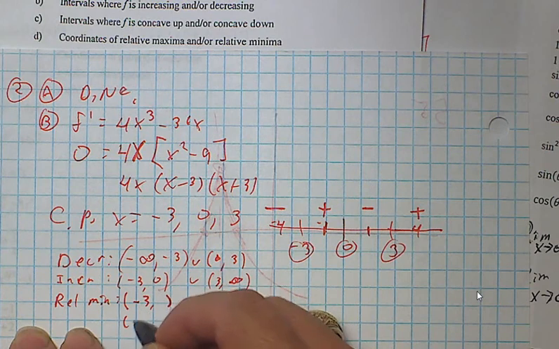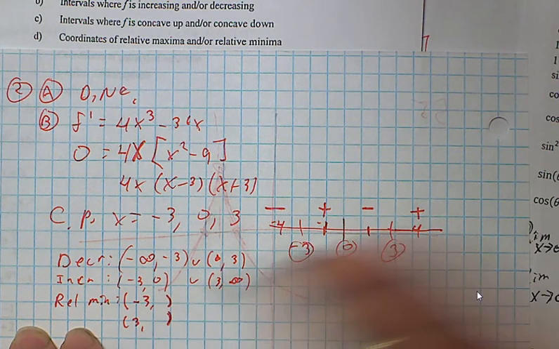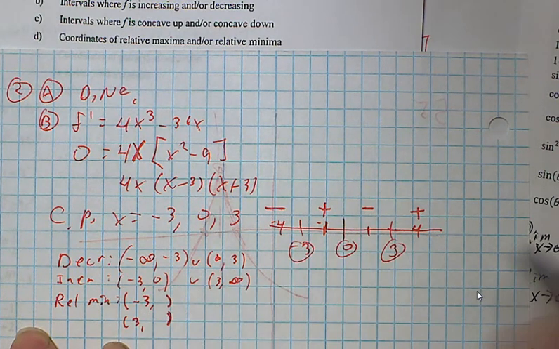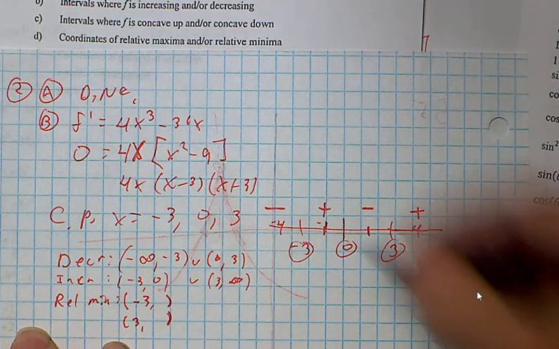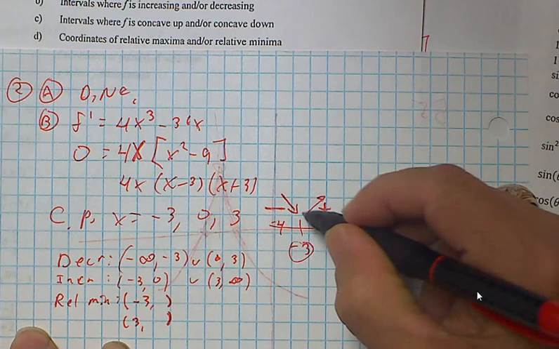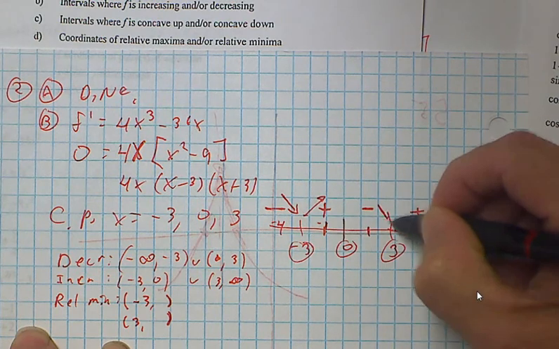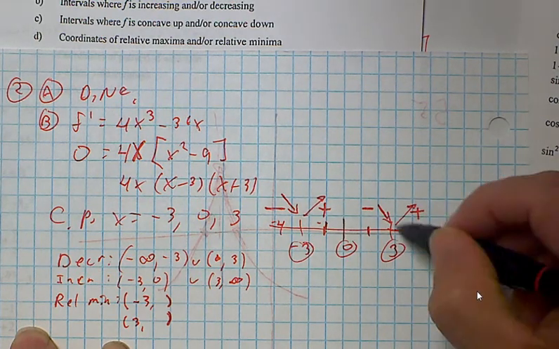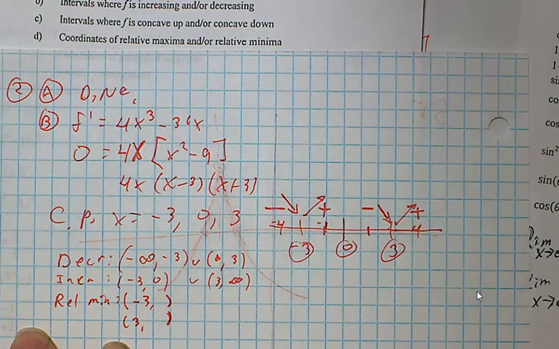-3 and 3. Everybody see why? Negative slopes coming down, positive slopes going up, so there's a min here. Negative slope coming down, positive slope coming up, so there's a min here. Everybody follow me? Okay. Plug in the original equation.